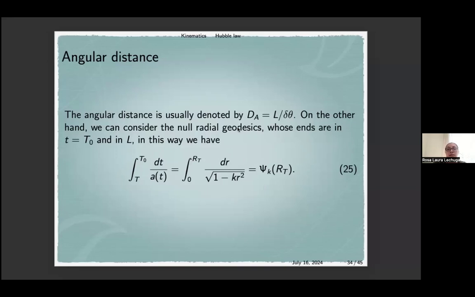As you can notice, I haven't assumed anything about the shape of the universe. I'm working with a general k, and this general k has three options. k equal to 0 gives us the flat universe. If you have k equal to 1, you have the closed universe, and if you have k equal to -1, you have the hyperbolic universe.